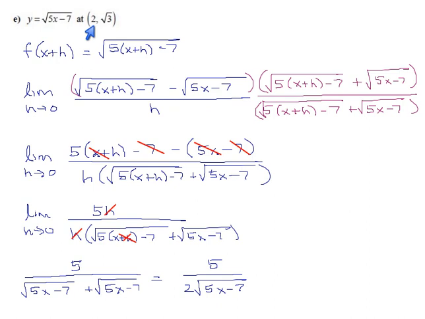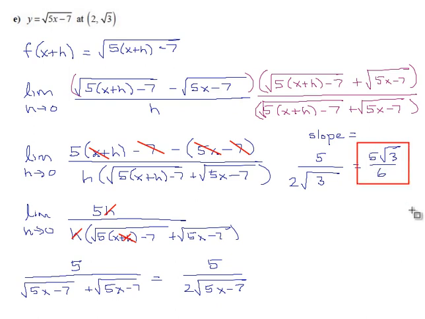If x is 2, then we know that our slope is 5 over 2 root 5 times 2 is 10, minus 7 is 3. That's not very nice. If we rationalize that, we can multiply the top and bottom by root 3, and we get 5 root 3 over 6, which is still not terrific, but it's better. So there's our slope. There's our derivative.